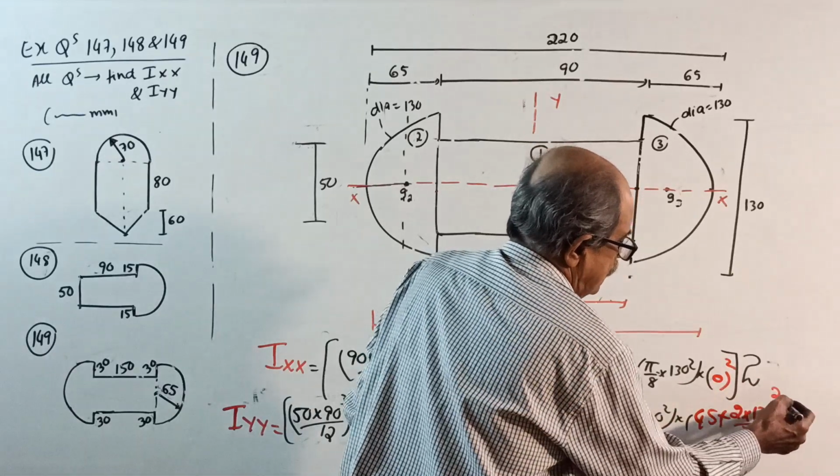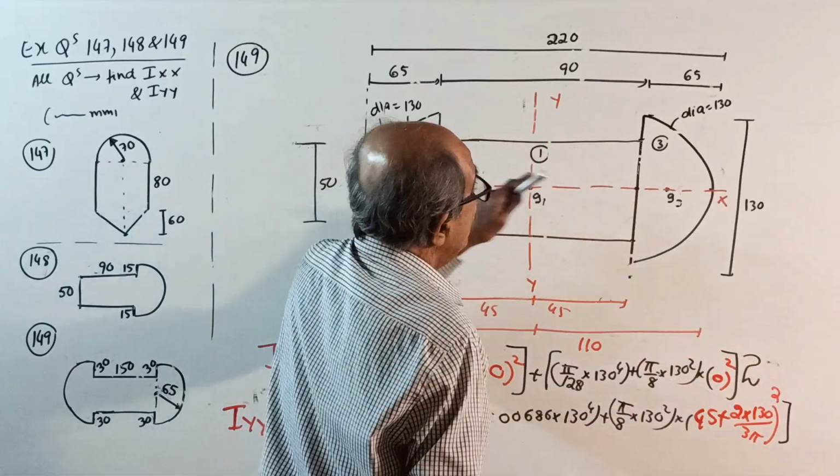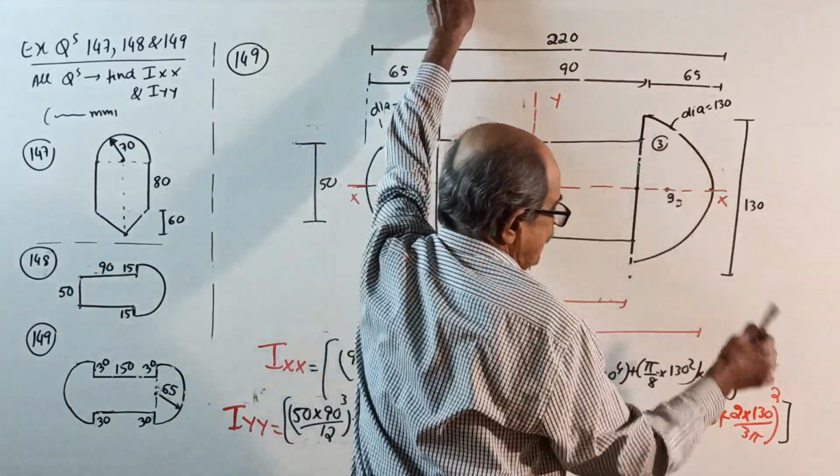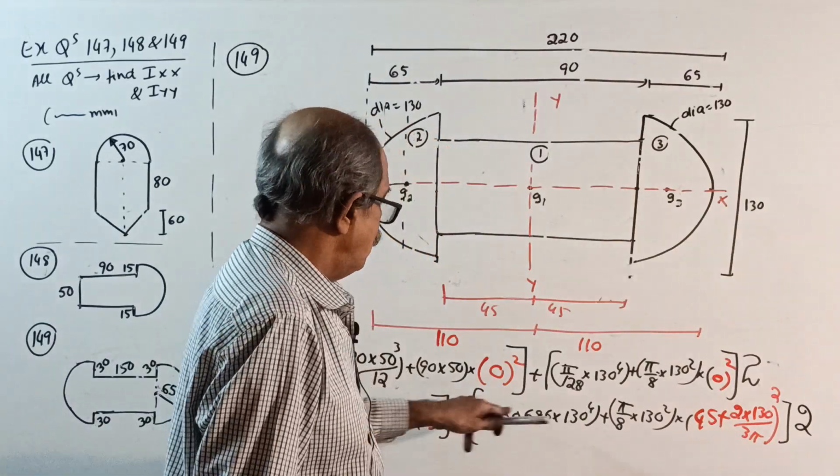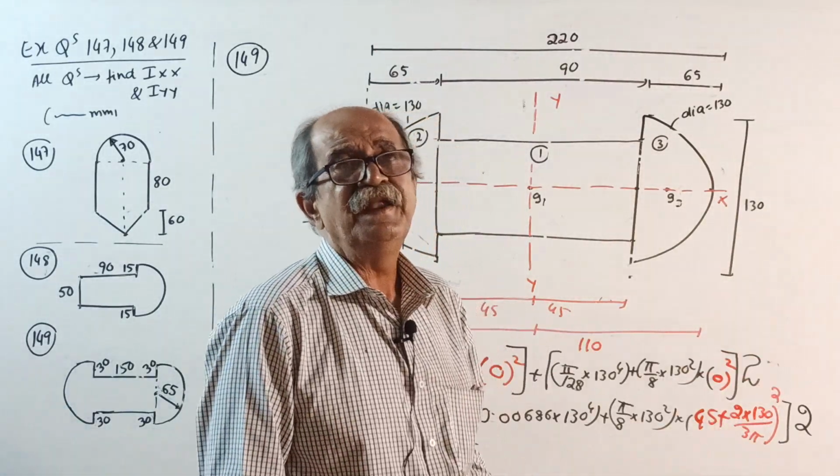That gives it for 2. Identical for 3, once again the same thing, so multiply by 2. I for 1, for 2 into 2 because identical for 3.